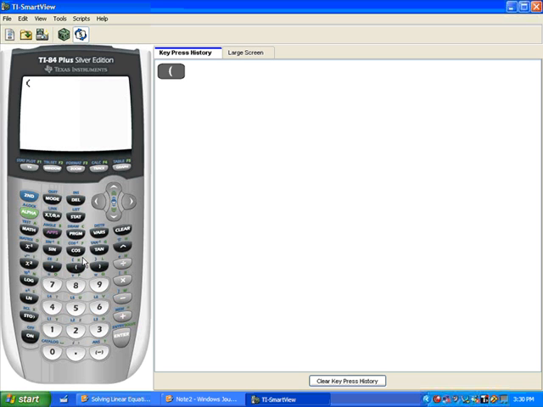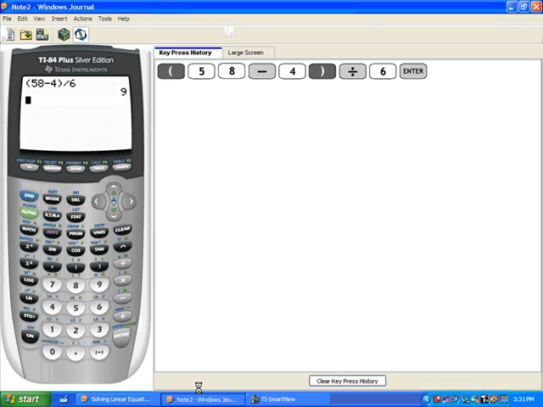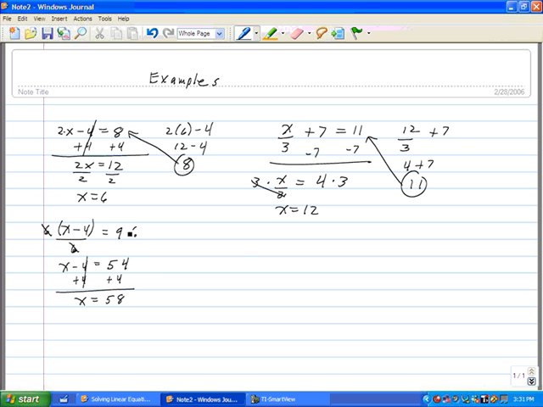In parentheses, we will put in the 58 minus 4, close the parentheses, divide it by 6, and the result is 9, which is exactly what it was supposed to be. If you remember from the original problem, that was a 9 there to begin with. So again, we have a correct answer.